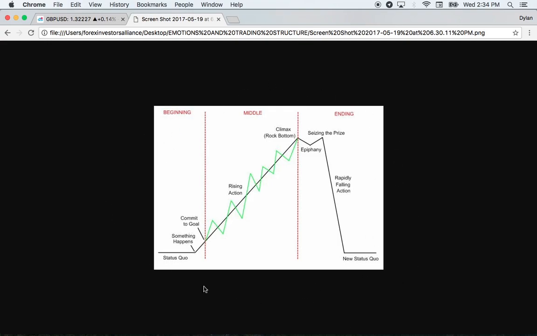Now this can be found by going on Google and typing in structure of a story or the structure of drama, just an example, and you will find structures like this.